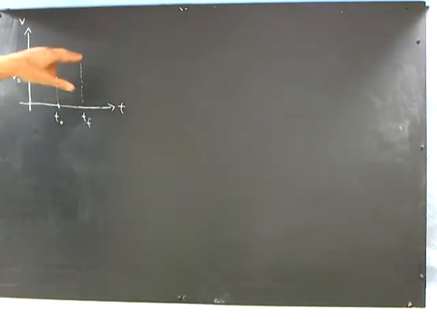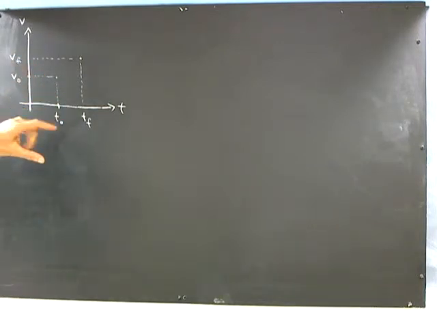So these 2 points can represent the velocity and time measurements for an object on some interval. Now the interval runs from time t0 to time tf, and the velocity changes from v0 to vf.